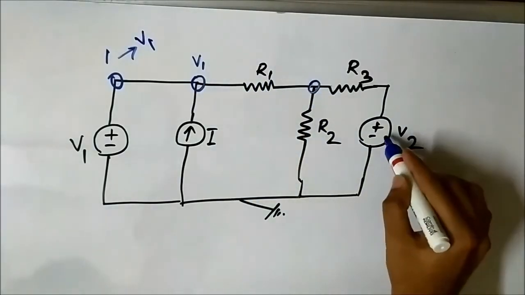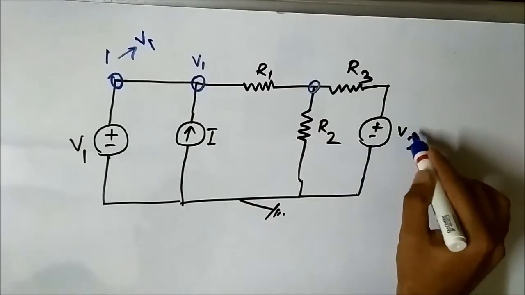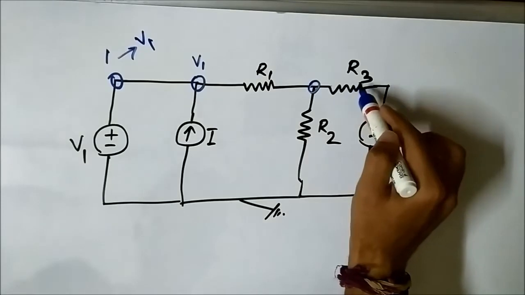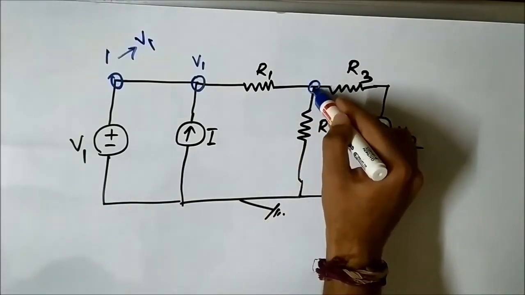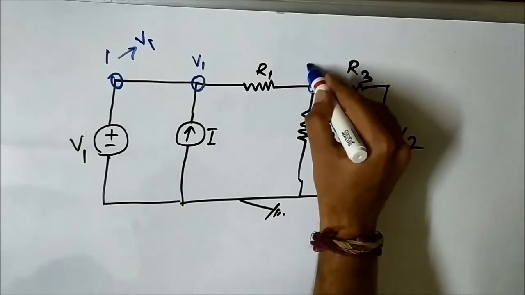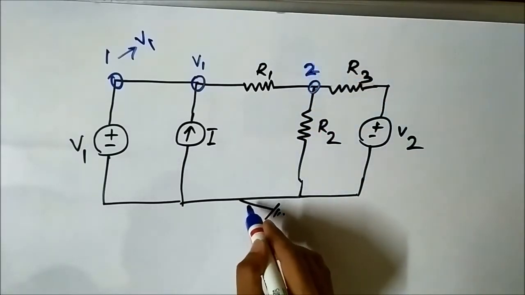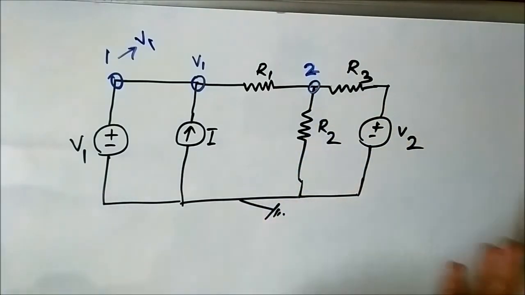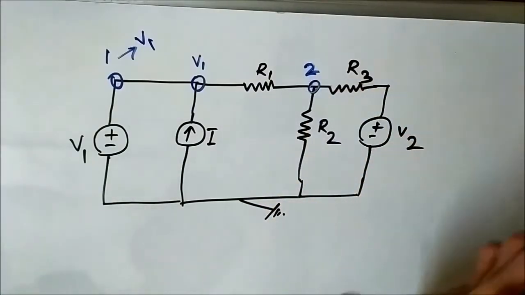In between the independent voltage source V2 and this point, there is a resistor R3 present. In between this point, which let us name as 2, and this ground, which means 0 volt, there is a resistor R2 present. So obviously in these 3 paths, 3 directions, there will be some voltage drops.